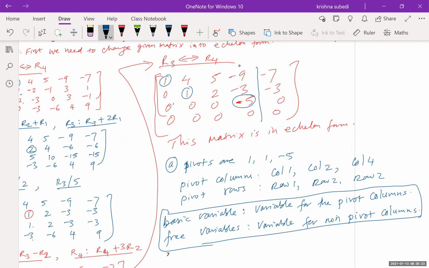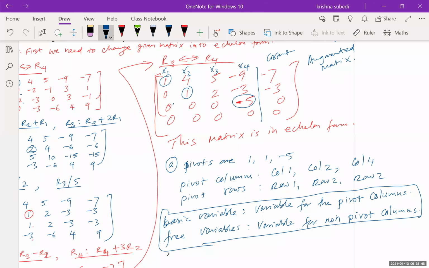Consider this as an augmented matrix, for example. Then this is your x1, this is your x2, x3, x4, and this is the constant. We know that from the previous class.